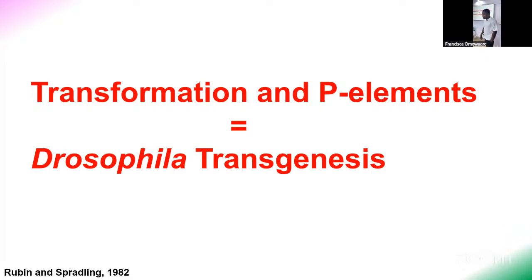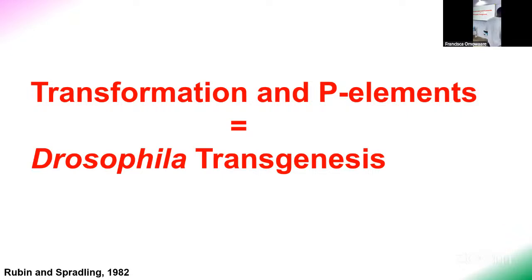That changes everything. In the past, keeping your stock of, let's say, a forward genetic strain was difficult. But being able to actually transform flies, like you can transform cells or bacteria, changes everything. That is the basis of Drosophila transgenesis.